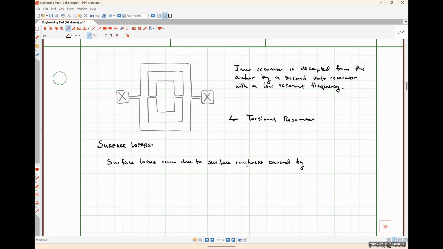These can be caused by contamination and or oxidation.